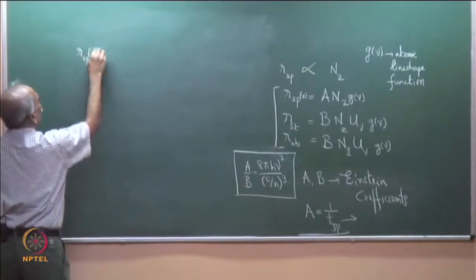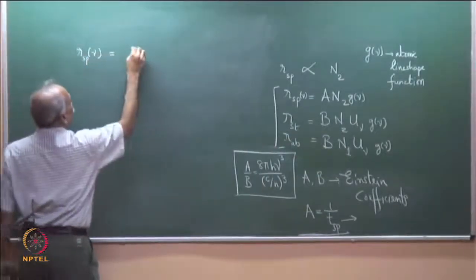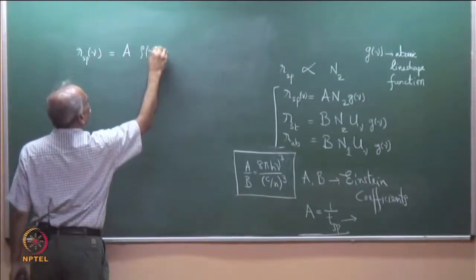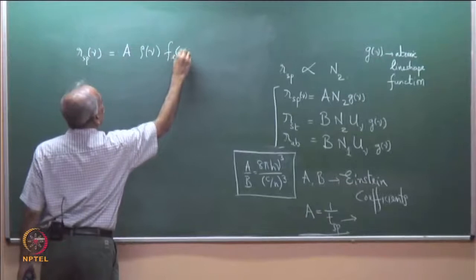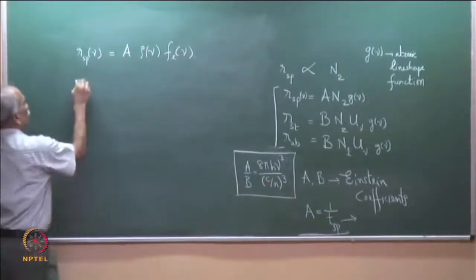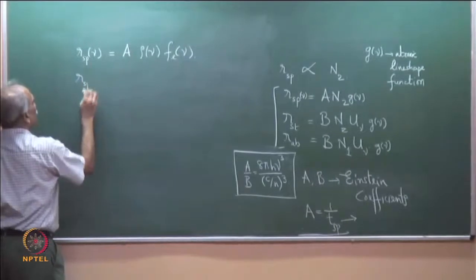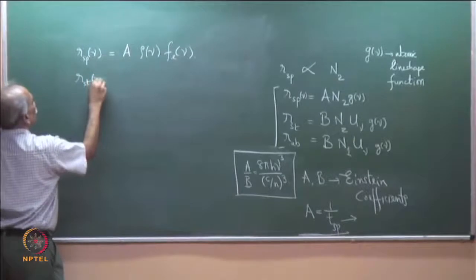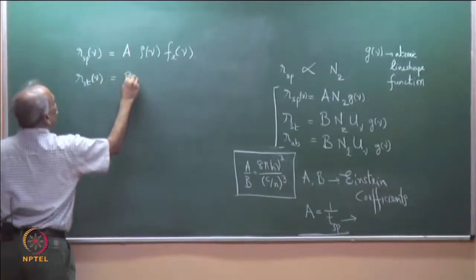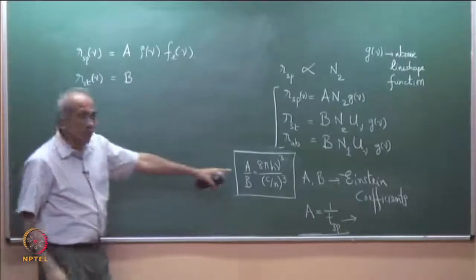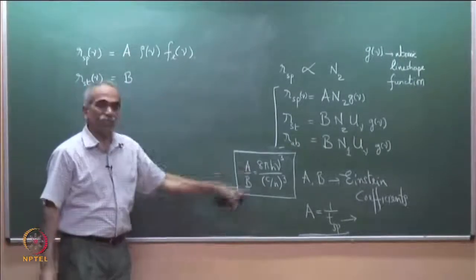So, for semiconductors, R spontaneous of nu is equal to the constant A into rho of nu into Fe of nu. This is spontaneous emission. Stimulated emission, R stimulated of nu, is equal to the constant B. Actually, it is A dash and B dash, because the numerical value is not the same, but the relation is the same.